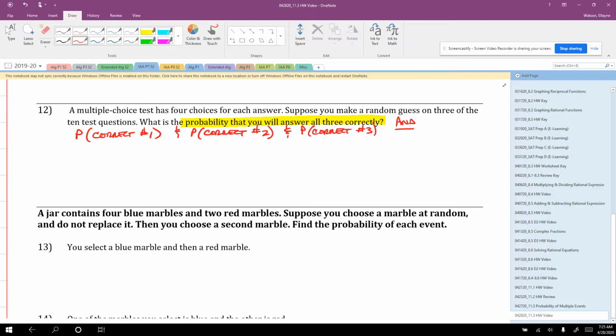So if there's 4 choices for each question, the probability of getting the first one correct is just 1 over 4. Now the "and" statement says that we multiply, right?